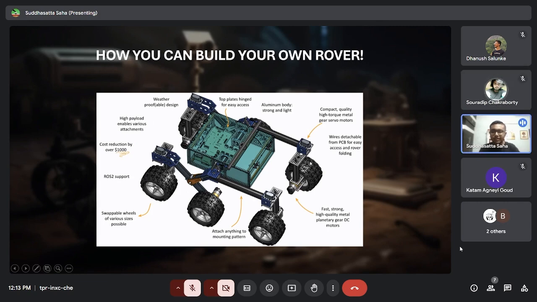So here you see how you can actually go about building. You need to consider the various subsystems which I've already mentioned. You need to have some people working in your electronics and computing domain, somebody who will build the autonomous navigation module for you. You need to select a single board computer.